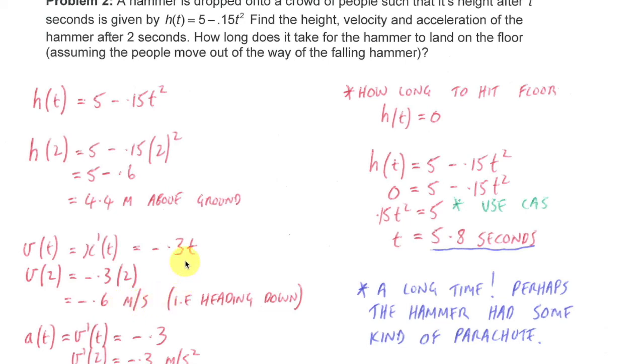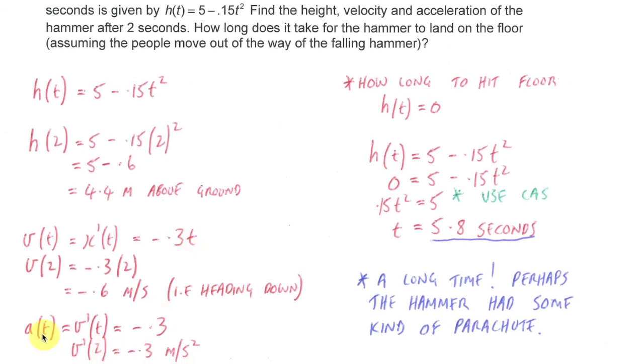It's heading down. And then finally, a of t, the acceleration, is going to be the derivative of the velocity. Now, given that the velocity function equals negative 0.3 t, if I take the derivative of that, I'm going to get negative 0.3. So that will be a constant acceleration. So it's negative 0.3 meters per second squared.